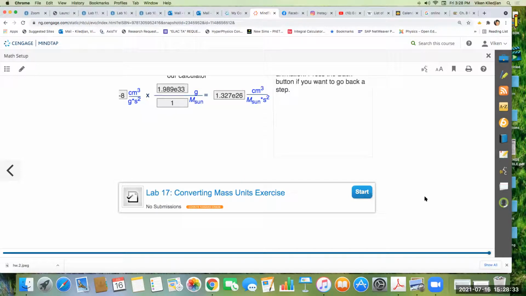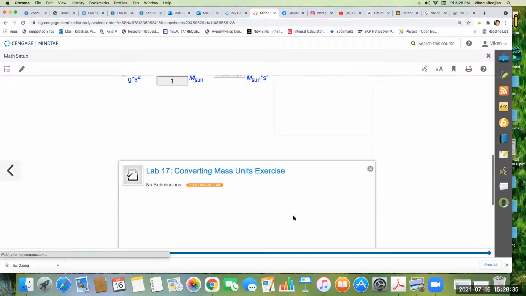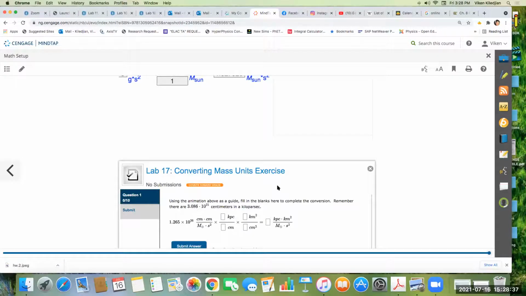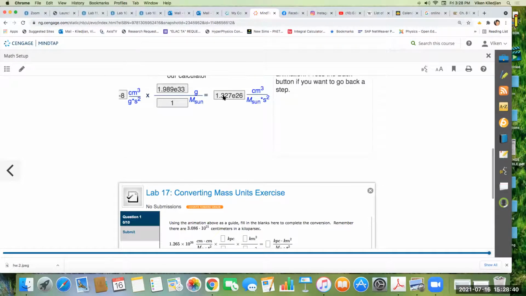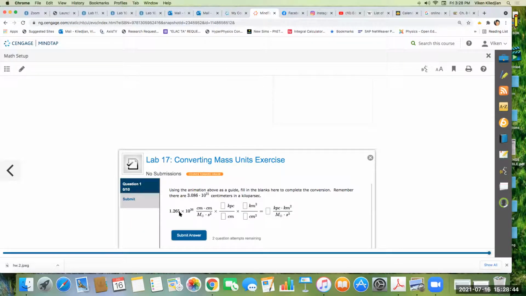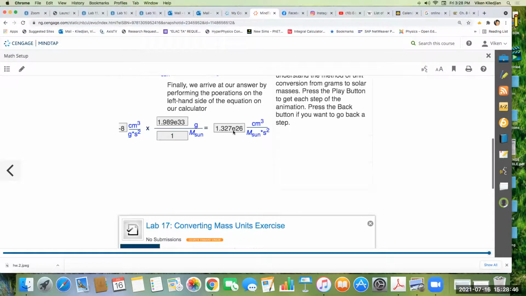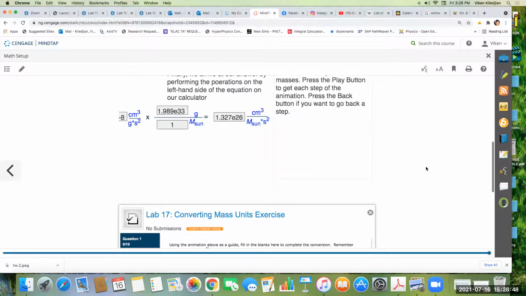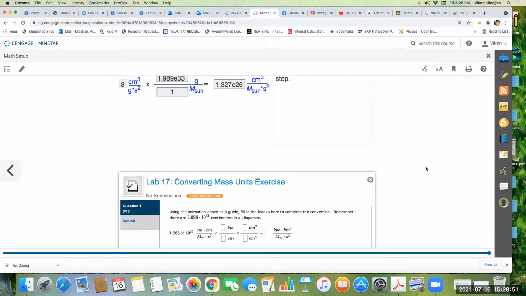Because the practice one that they're giving is slightly different than the one given here. You see 1.327, they're giving 1.265. So I'm going to calculate it for this one. How do we do it? We take 1.327 multiplied by 10 to the power 26.